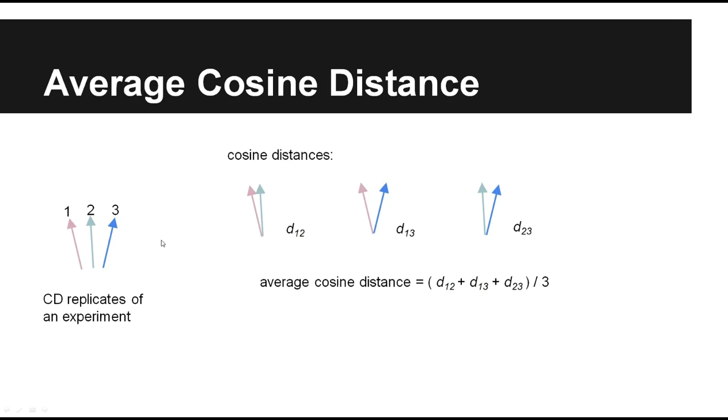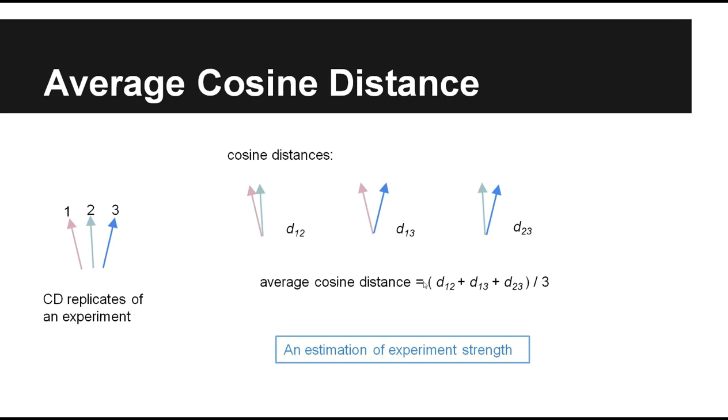And if the experiment is significantly different from control, the CD replicates should more or less point in the same direction, and the average cosine distance should be small. So basically, we can use this average cosine distance as an estimate of the experiment strength, which means how much an experiment is significantly different from the control.